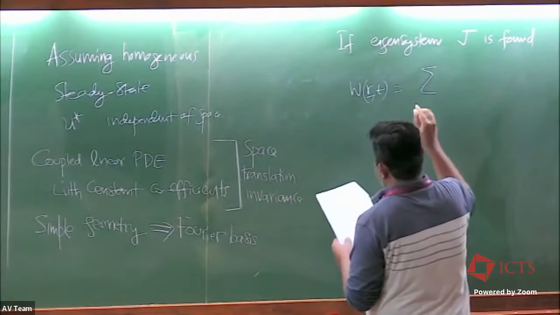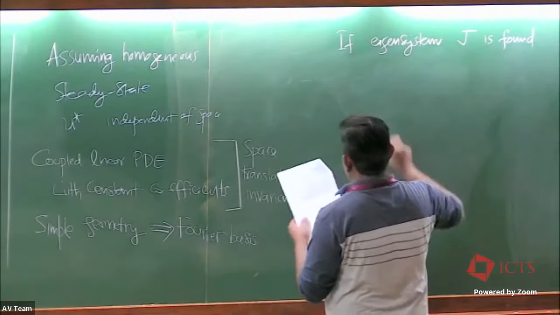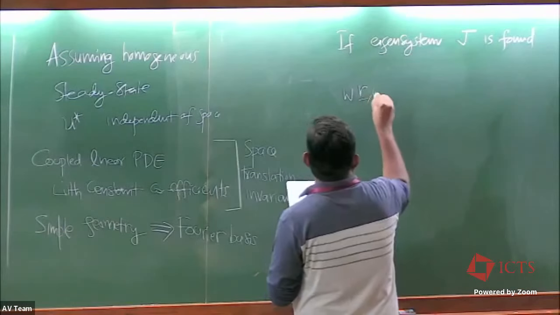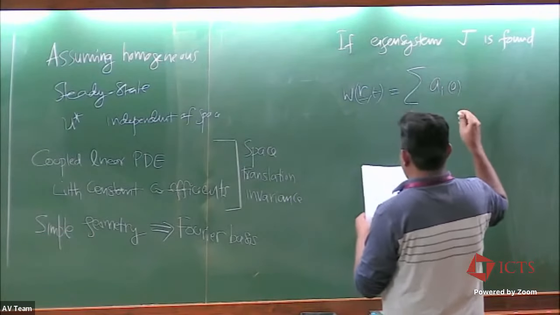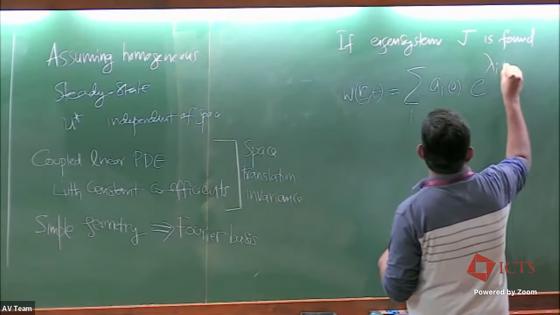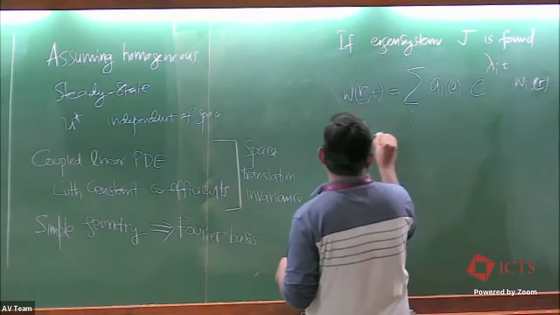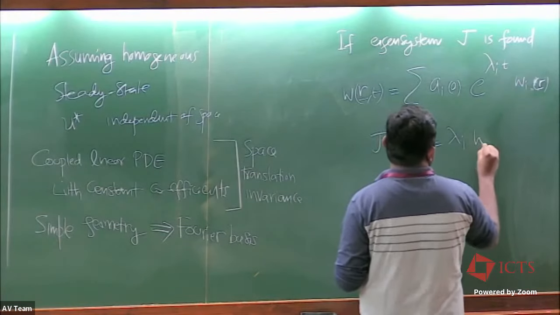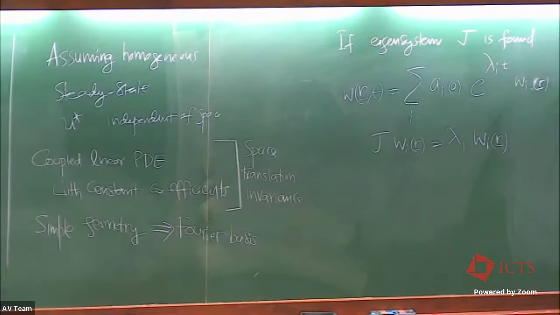So you would have something where this would be basically the same thing, where J has the lambda i and the Wi as the eigenvalues. Is this making sense, or does it become a bit too abstract?